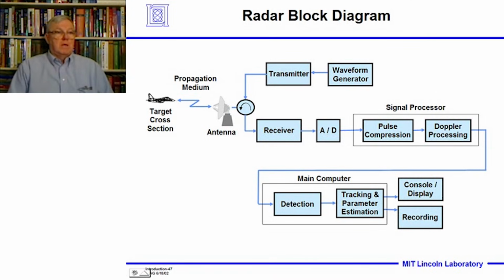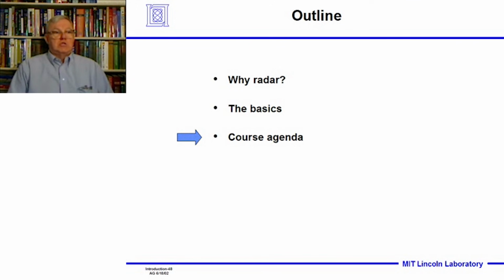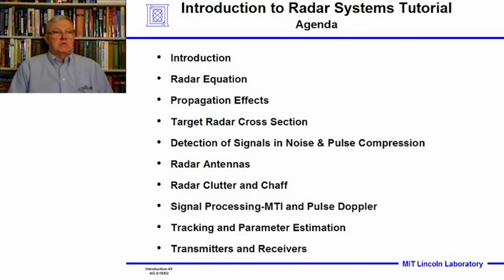Okay. And now let's go over the agenda before we adjourn for this lecture. This first lecture has been an introduction. We'll move on to the radar equation. Then we'll study propagation effects, the target radar cross-section, and then we'll look over the detection of signals and noise, followed by pulse compression. I'll probably break these down into a part 1 and part 2 of the lecture.